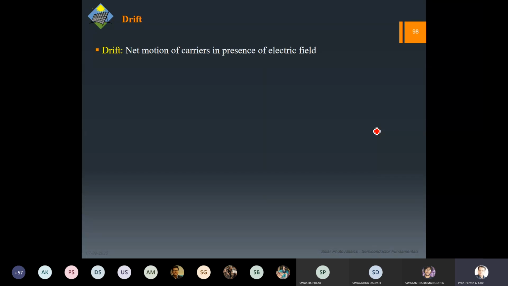This is due to the presence of an electric field. In another sense, the electric field is going to direct the motion of the carriers in the semiconductor. You can see here visually that when there is no electric field, the motion is random, and ultimately the net displacement is zero.